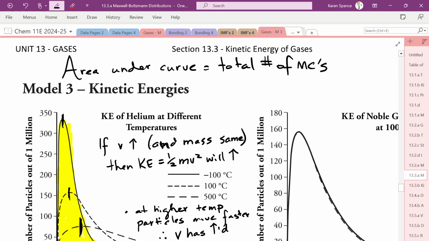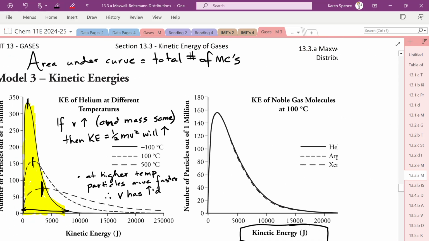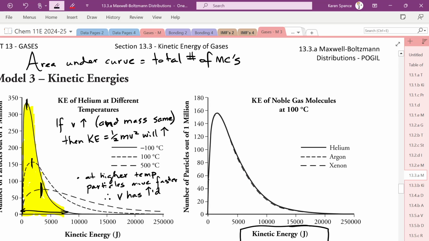So this has to do with integral calculus, right? How you find the area under a curve. Basically what you do when you're finding the area under a curve is you pretend you've got a histogram. Okay, I've drawn a terrible histogram. But what you do is you keep making your slices smaller and smaller, and then you add up all the heights, and that'll give you the total number of molecules.